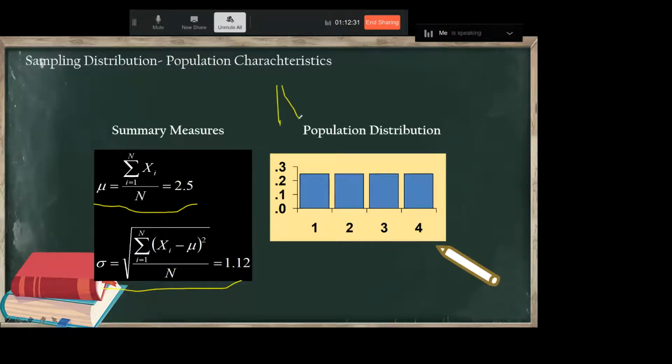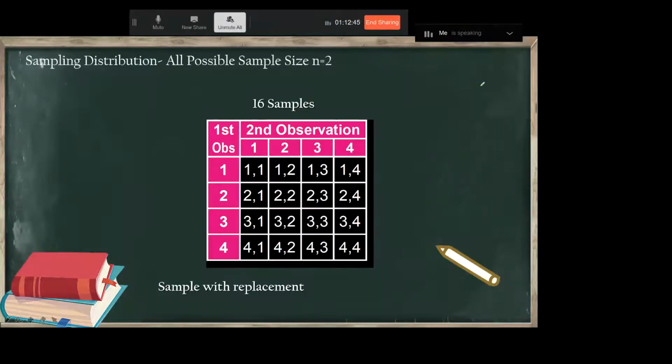Here n is 4. From this 4, let's take out the sample. Small n is 2. We take 2 people and we see different combinations. We see how many errors they make, right? So all possible samples, how many?